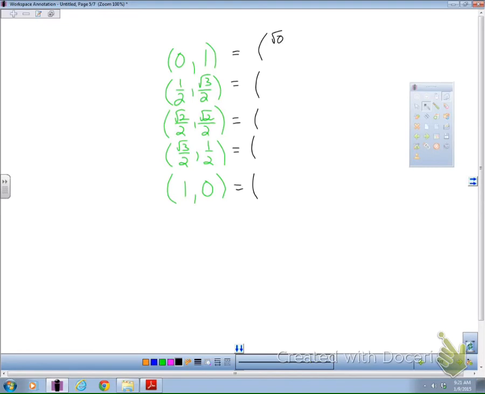I've got the square root of 0 over 2, the square root of 1 over 2, the square root of 2 over 2, the square root of 3 over 2, and the square root of 4 over 2. You see that? It just so happens that 3 of those simplify, right? This top one is 0, this one is 1/2, this one doesn't simplify, this one doesn't simplify, but the square root of 4 is 2 divided by 2 is 1.